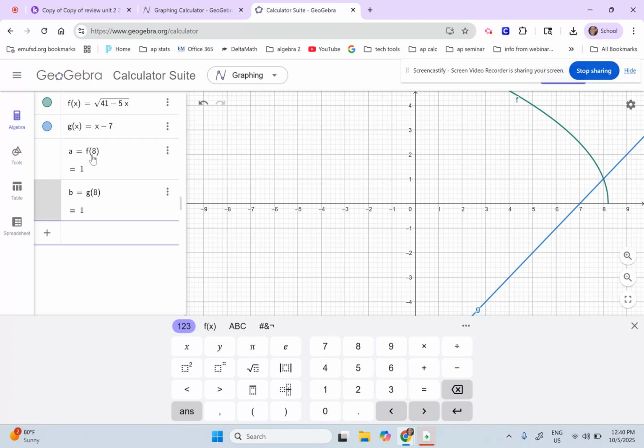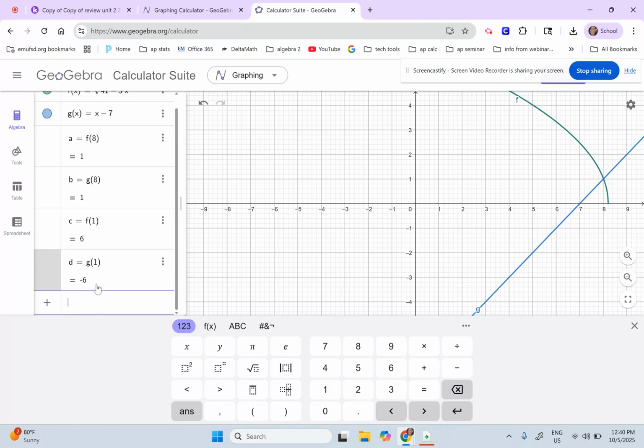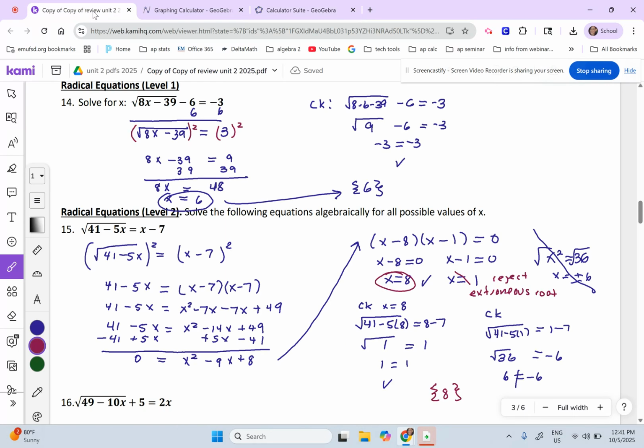And now I want to check the other solution of positive 1, so f of 1 is 6, and g of 1, notice I had to use the lowercase, is negative 6. Those two are not equal, so that is not a solution. So that's how you algebraically solve radical equations.